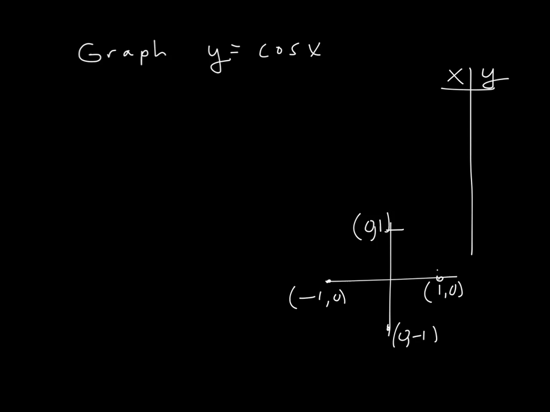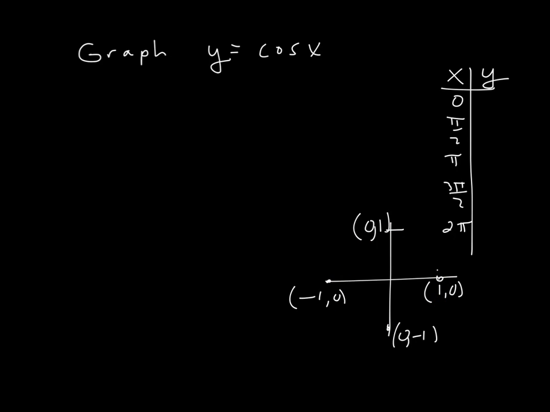Here, here, here, here. We're still going to go 0, pi over 2, pi, 3 pi over 2, and 2 pi. But this time it's the x value that matters. So the x value at 0 degrees, see we're going around the circle, 0, pi over 2, pi, 3 pi over 2, 2 pi, going around and around.